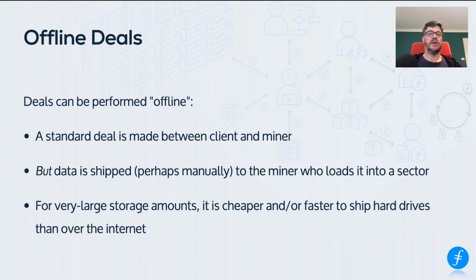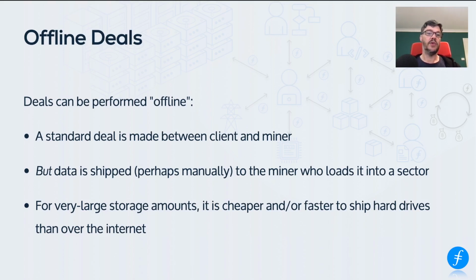Deals can be performed offline as well. So you can do it through the normal flow where you're transferring data to a miner, or you can do it offline. The way this works is you make a standard deal between client and miner, but then you ship the data, perhaps manually, perhaps you actually stick it in the post and ship it to the miner who loads it into a sector.